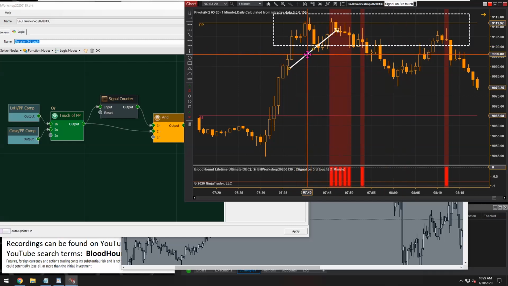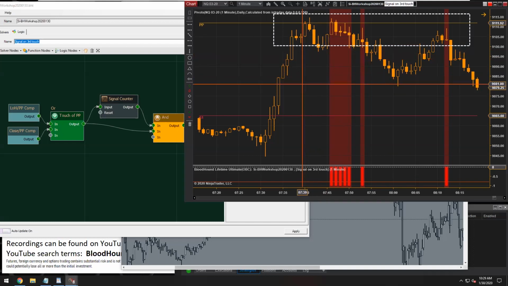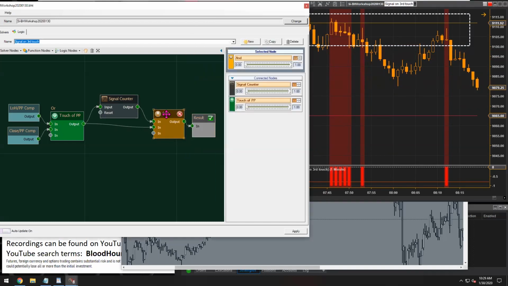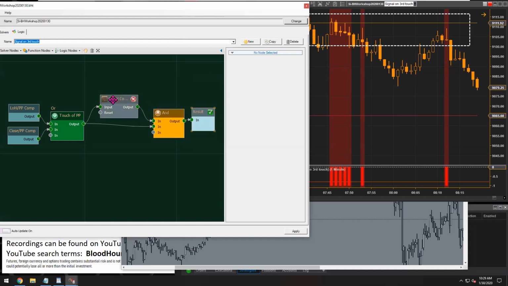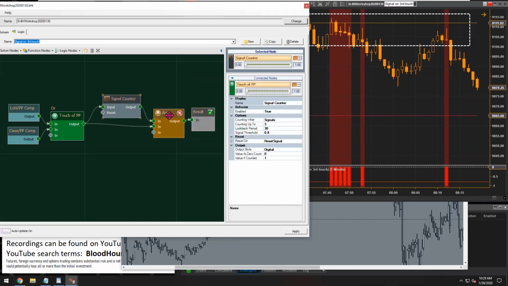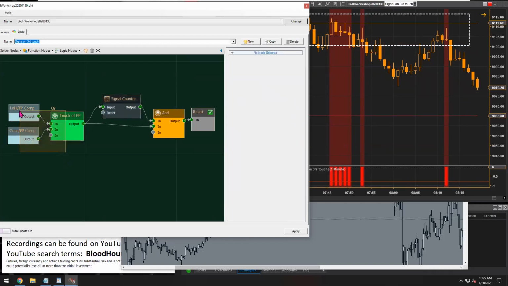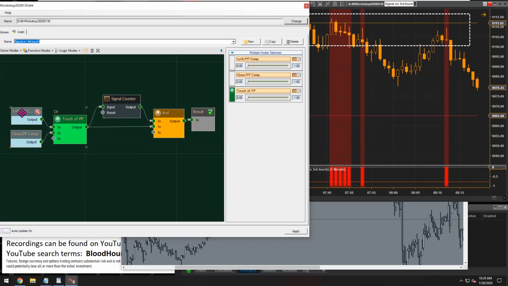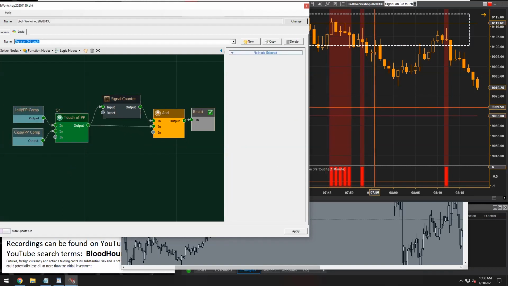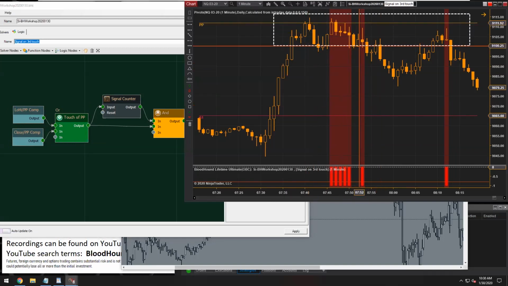The logic is pretty simple here: just one signal counter with an AND node. Probably, Constantine, the real key is clearly defining your definition of a price touching a support resistance line. Whether you're grouping them together or not, clarifying that is going to clean up any signals that you get.